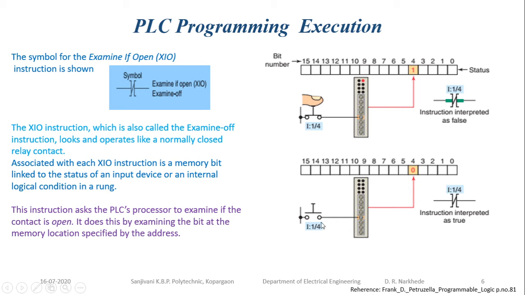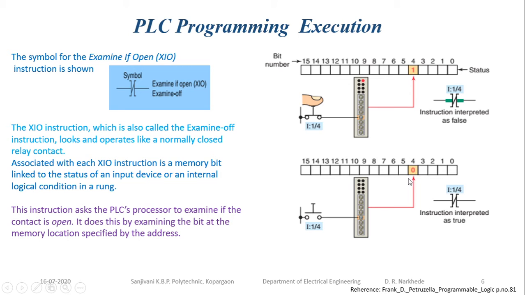Now here I have released the pressure. Because of this, the contact is open. What is it going to check? It will check whether it is open or not. Now in the second case it is open. Open means what? The condition is true, and based on this your output may get energized, depending on whatever logic we are going to use.